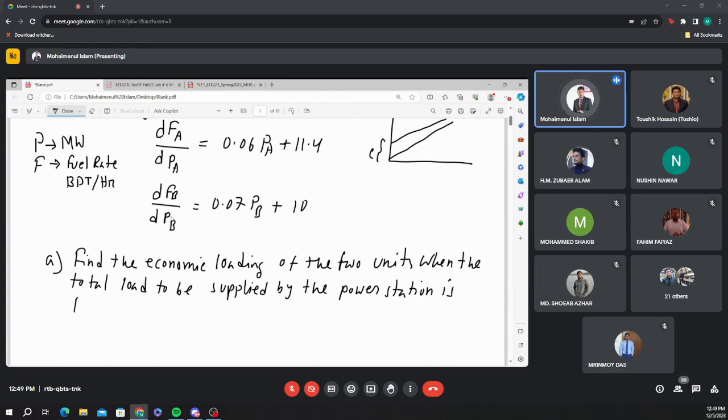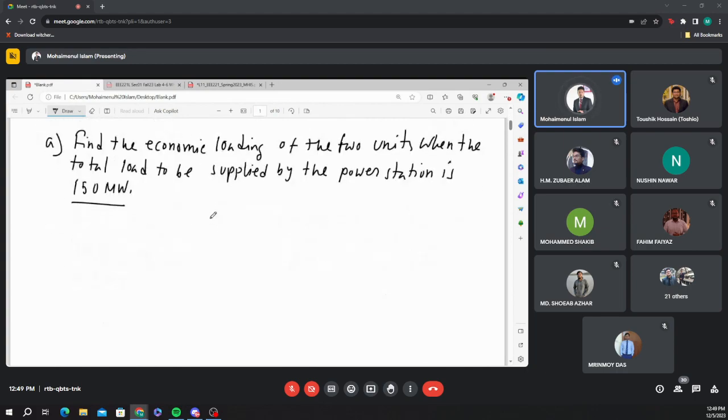That is our load demand. Total load demand is 150 megawatt. So generator A and generator B supply power to the 150 megawatt load. Another thing you need to find is the loss in fuel cost per hour.